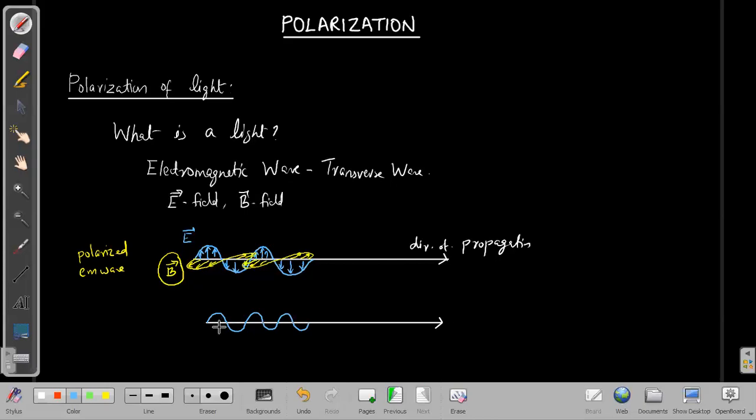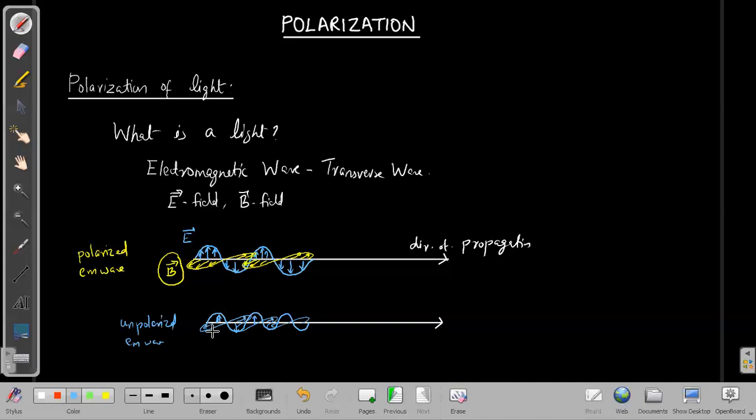Obviously, there will be a corresponding magnetic field in the horizontal direction, and there can be electric field oscillation along the horizontal direction as well. If this is the case, then it is an example for an unpolarized electromagnetic wave.